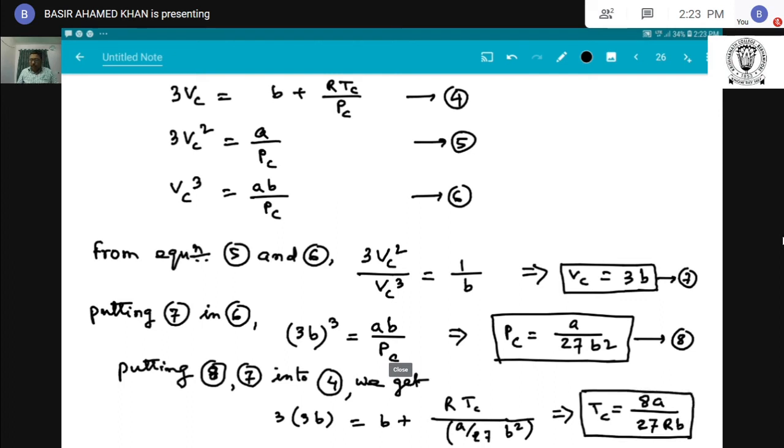That means equations 7, 8 and 9 give the value of critical volume, critical pressure and critical temperature. These are the values of critical volume, critical pressure and critical temperature.